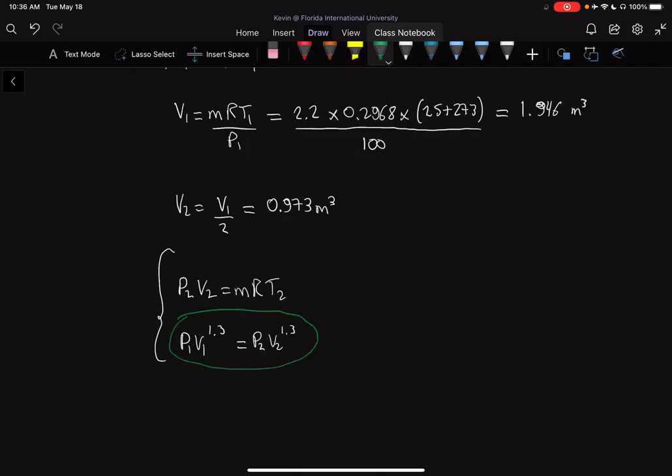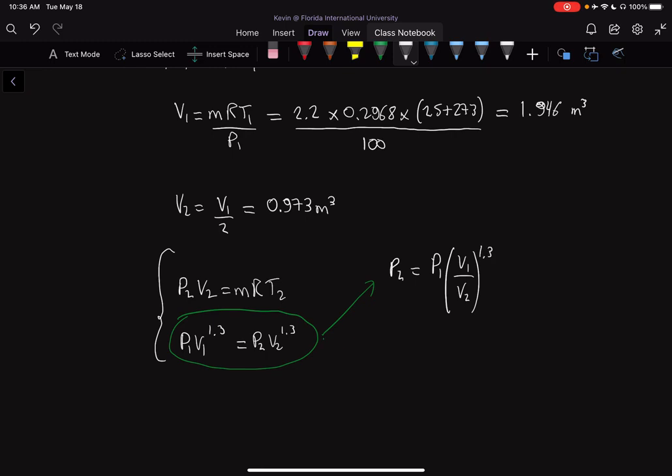We have all the other terms except for P2. So we can say that P2 is equal to P1 multiplied by V1 over V2 to the 1.3, by rearranging.